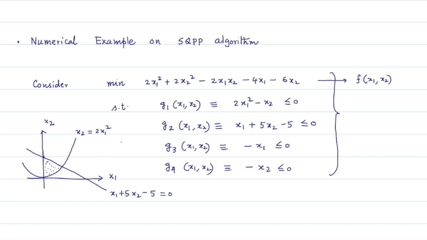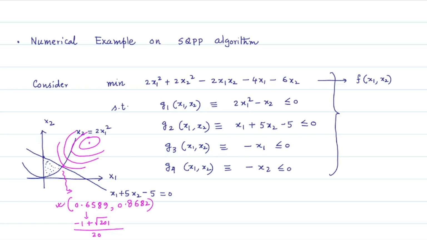Fine. And you can find out the contours or the level curves of the objective function are given by ellipses like this, and you will find that these level curves are going to give us the optimum solution of the problem at this particular point, where you can find the x1 coordinate 0.6589, which is actually minus 1 plus under root of 201 divided by 20, and the x2 coordinate is given by 0.8682.